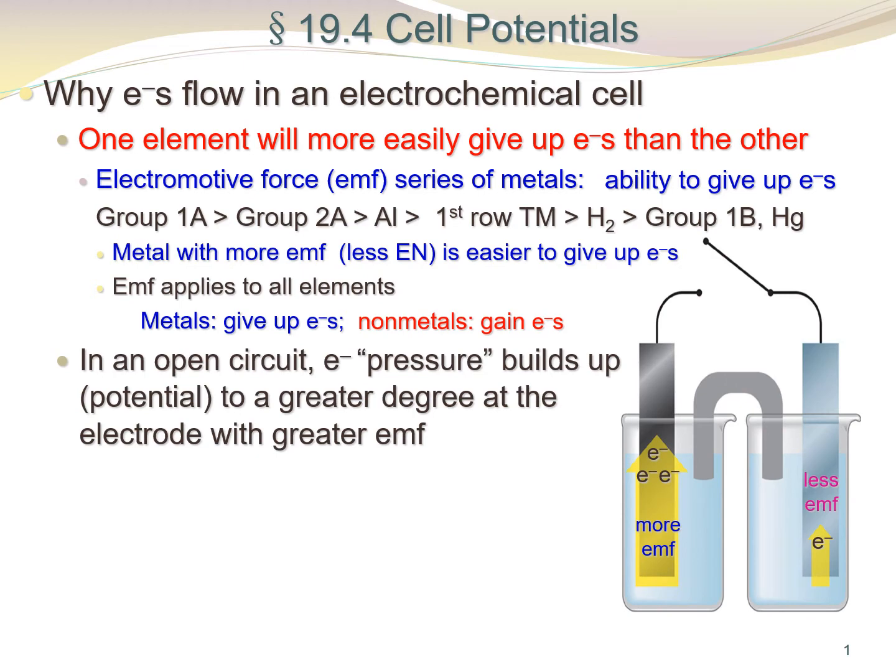Now, let's imagine we have two pieces of metal next to each other in a cell. Before we close the switch, these two do not have electron flow from one place to another, but there is a potential building up inside these two pieces of metal.